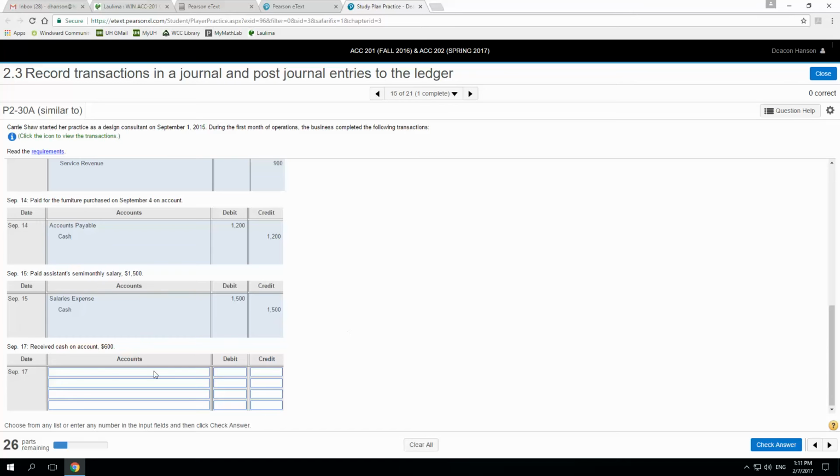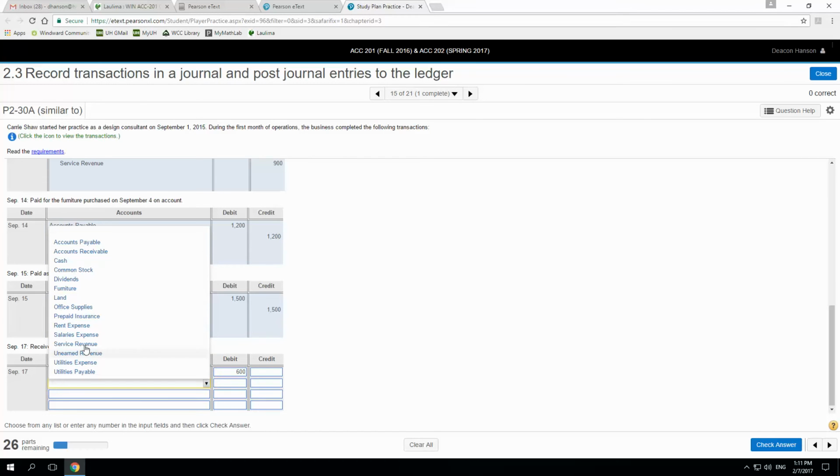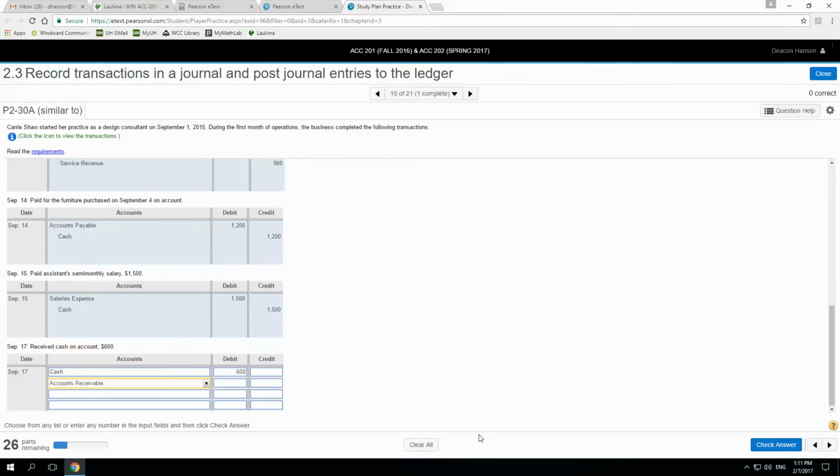Okay. Receive cash on account. Okay. When you receive cash, cash gets debited because cash is increasing, right? Cash is an asset, increases with a debit. And on account means that, kind of like a loan, well, that means that some customer, we don't know which one, well, it's probably that one that we sold to up here, made a $600 payment.